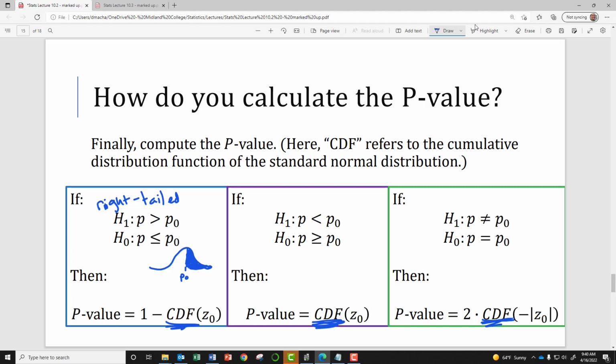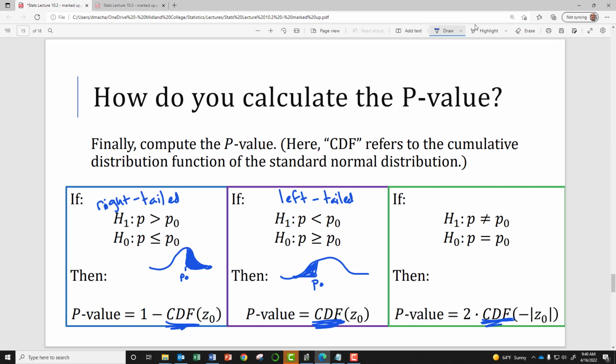In the middle, this would be a left-tailed test, because we are looking for the probability that p, my population proportion, is actually less than some value p naught.